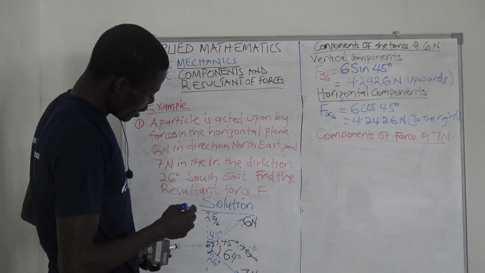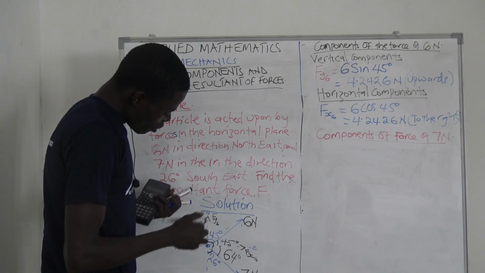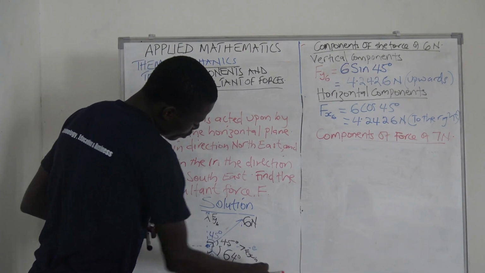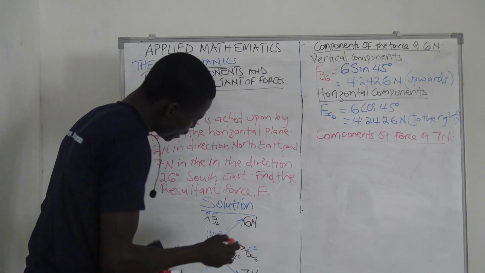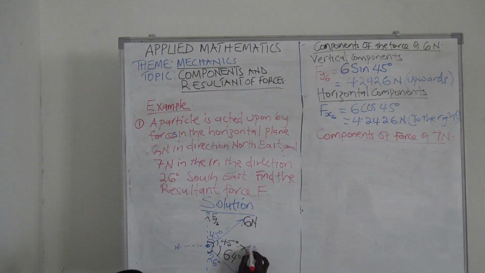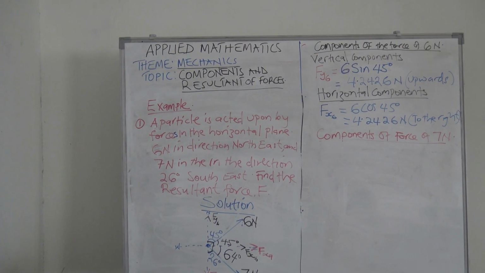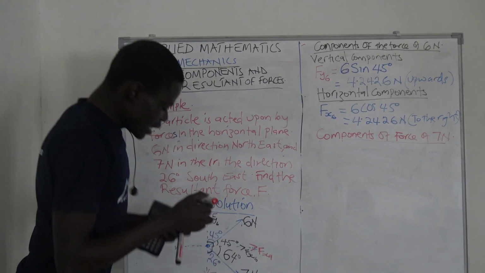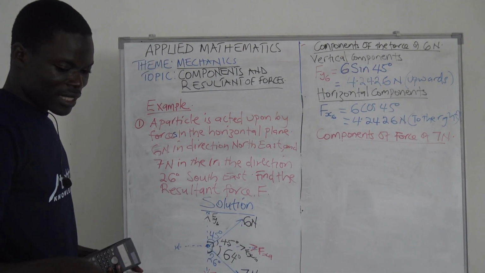So in our component for x, for 7 Newton, our horizontal component will be F of x going in this direction, F of x due to 7. And this one will be F of y due to 7. So those are our vertical and horizontal components.